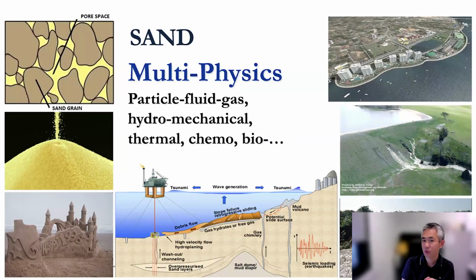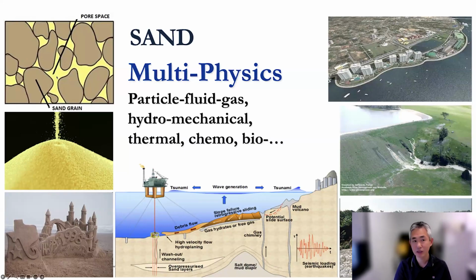Another feature is what we call multi-physics here. As I mentioned before, granular materials are typically porous media. This pore space is not fixed. For a lot of porous media, we have fixed pores and a solid matrix, and that may be a little bit easier than granular media. Granular media refers to something more general, in that the particles can move and the pores can change.